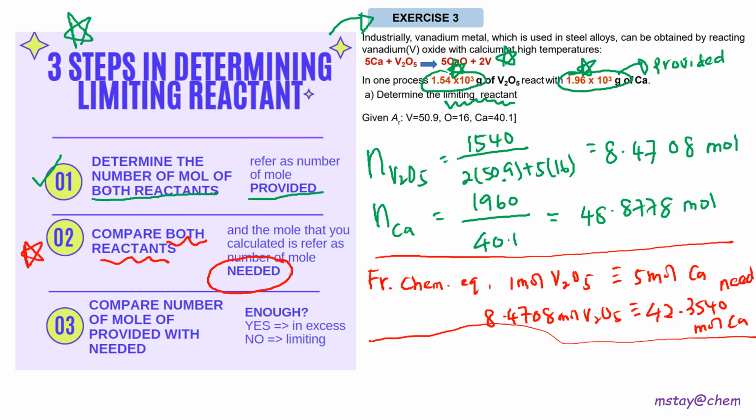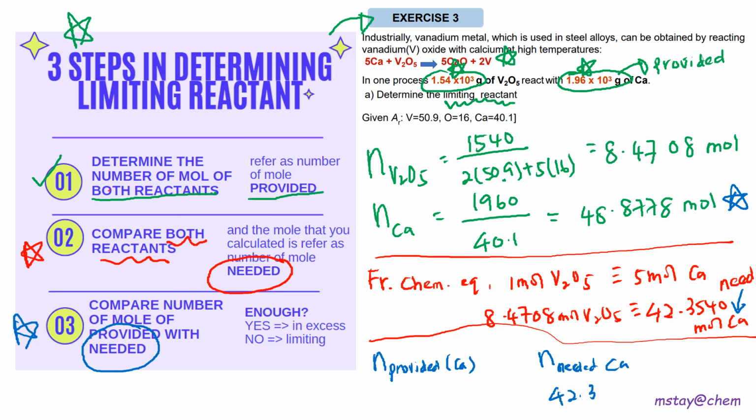Okay, now we will proceed to step 3. We have to compare mole provided with mole needed. This needed refers to calcium, which means we will get the mole of calcium to do the comparison. Mole provided for calcium compared with mole needed for calcium. We need 42.3540 mole, while what is provided is 48.8778 mole.